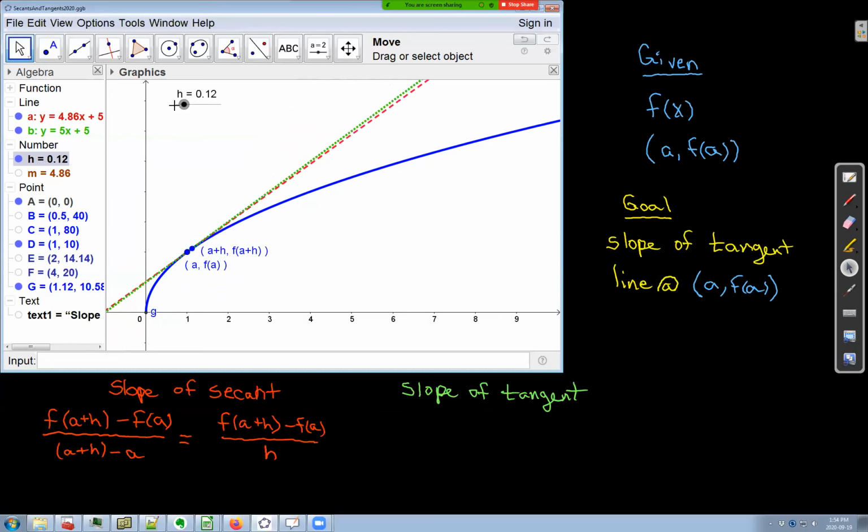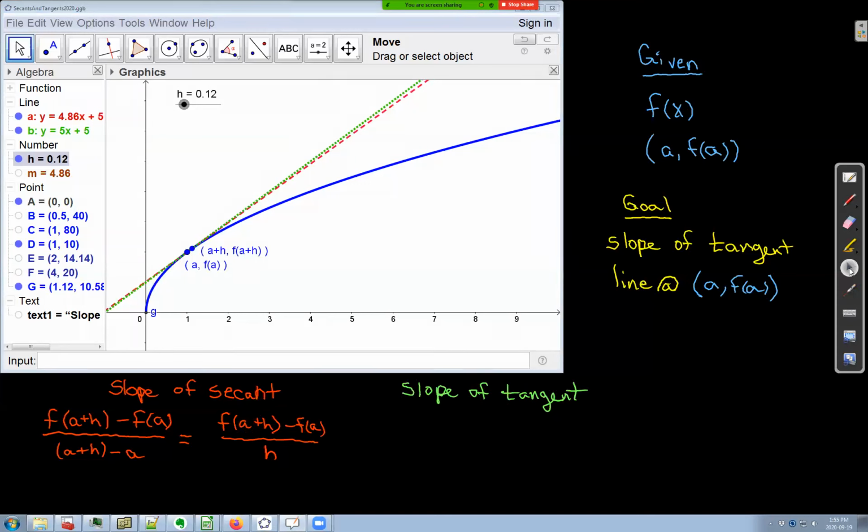And so we have an answer to our question. The closer h gets to 0, the closer the slope of the secant line will get to the slope of the tangent line.